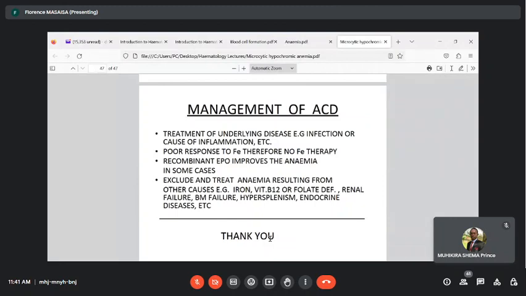You may give erythropoietin, which may improve the anemia in some conditions, but also you have to exclude other causes of anemia, including iron deficiency, vitamin B12 deficiency, renal failure, hypersplenism. So to call it this, you exclude those other causes first.